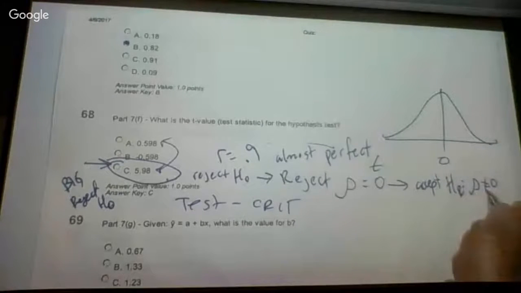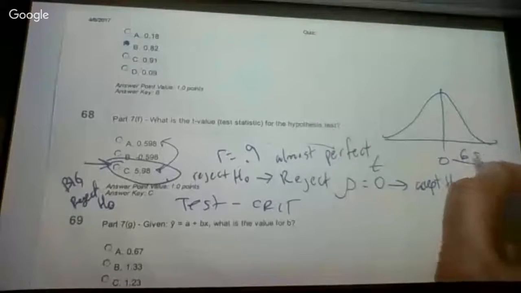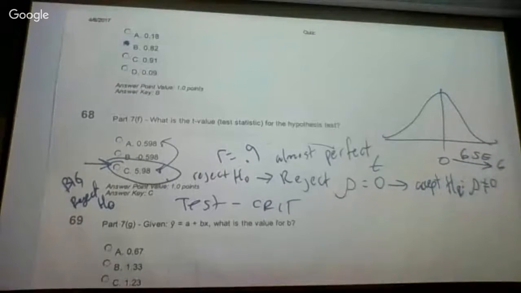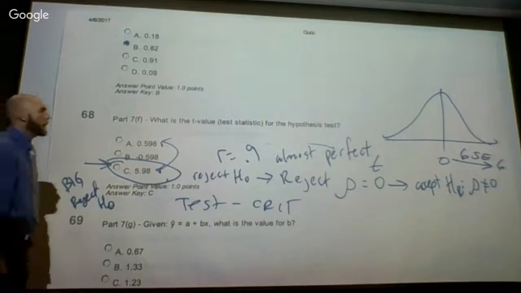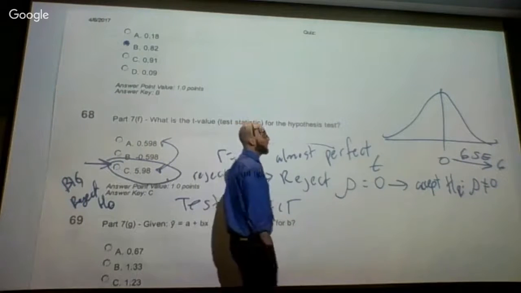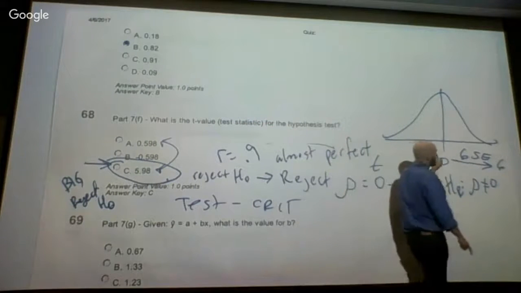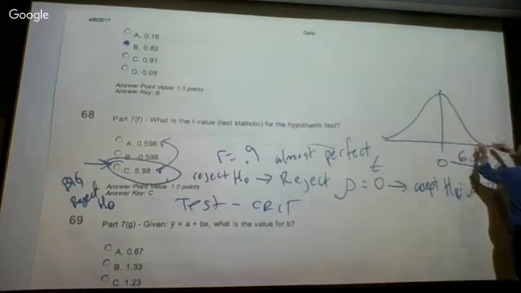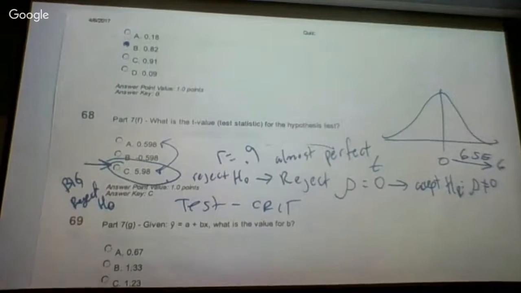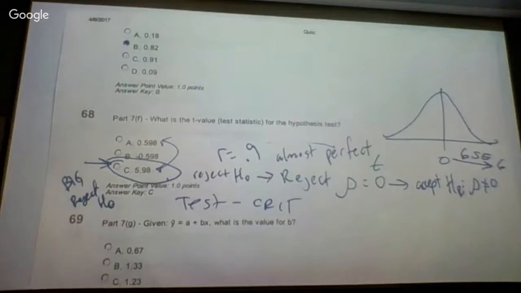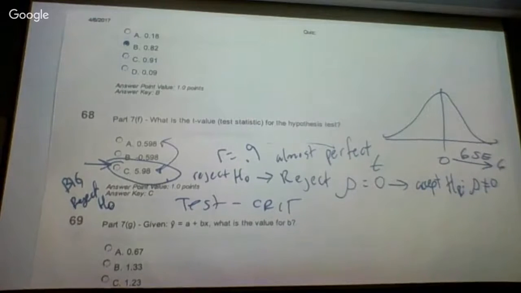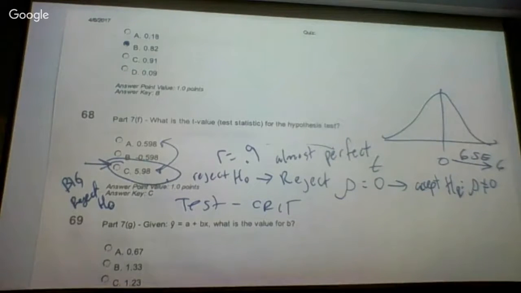Something like 6 is 6 standard error units away from the mean, which is like 6 standard deviations, but not quite, sort of. That's really, really far away from what we expect. 6 standard error units is out here, real far away from what we expect. A lot of evidence to reject the null. Okay.